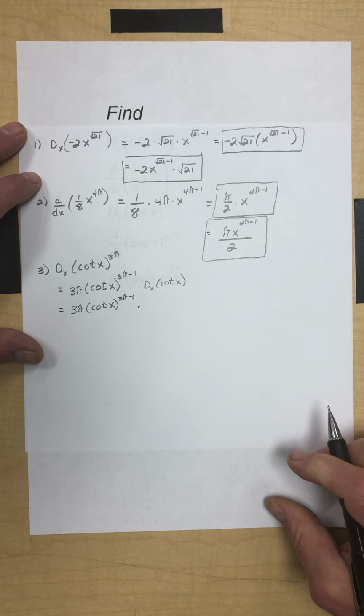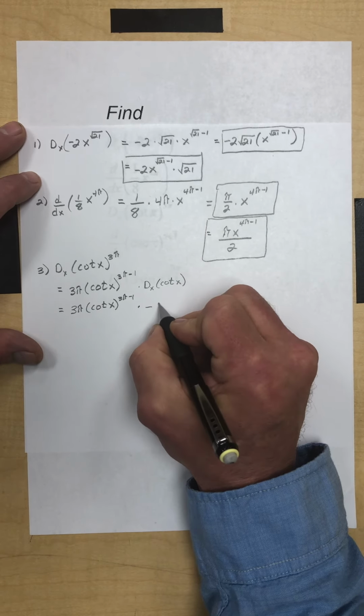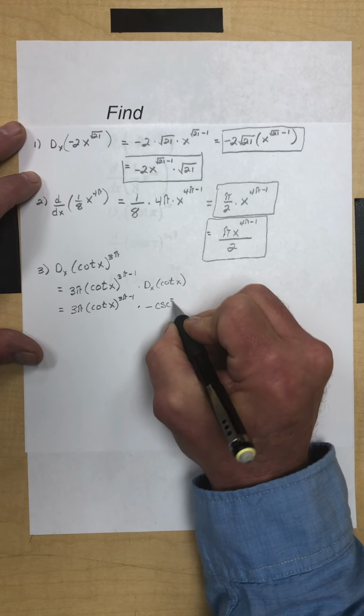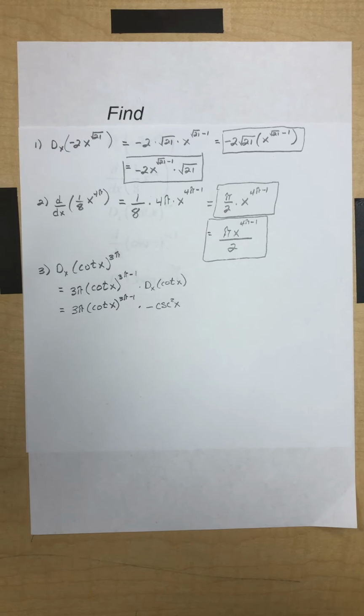Let's see. Cosecant, I think it's, if I remember right, the opposite of the cosecant squared of x. I probably ought to check on that because that's one that we don't see on a regular basis. So let me go check on that to make sure. I'm pretty sure. So let me pause this video for a second.